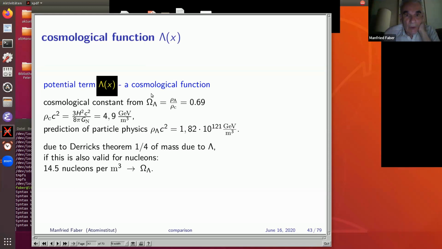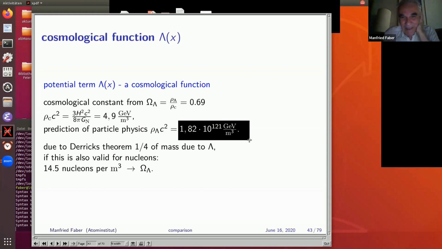So the cosmological constant is given from Planck data as 0.69 of the critical cosmological density, rho0 times c squared, this is 4.9 GeV per cubic meter. And the prediction of particle physics is the well-known, famous number, which is the worst prediction in the history of physics, 10 to the 121 GeV per cubic meter.